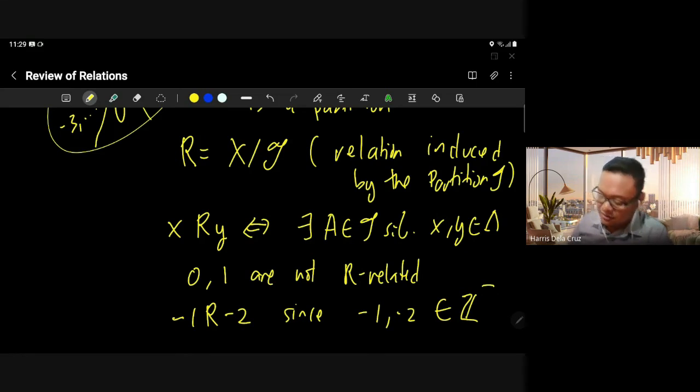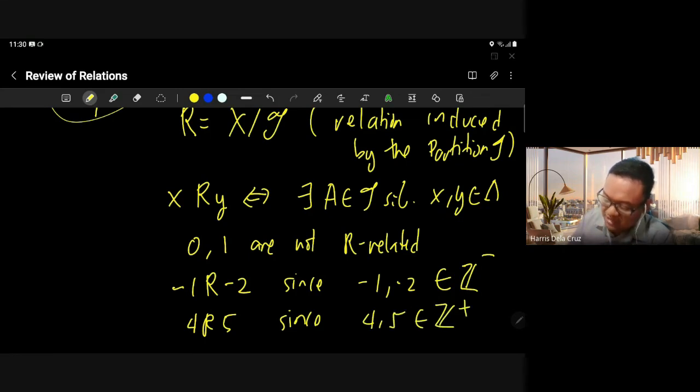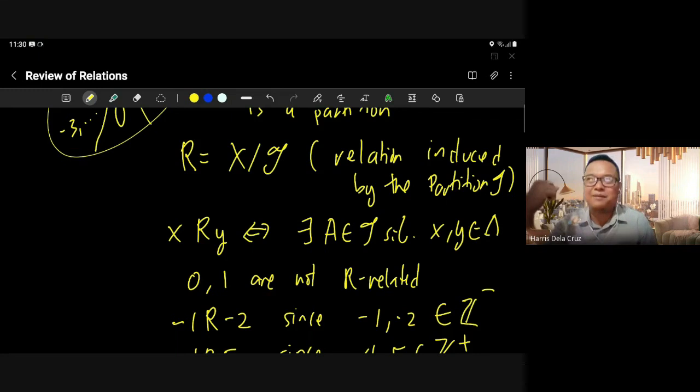Right? Similarly, ang 4 is related to 5. Since 4 and 5 belongs to Z plus. Right? Okay na. Napakasimple namang maintindihan ng concept. Okay? Baka nabigla lang kayo sa definition.